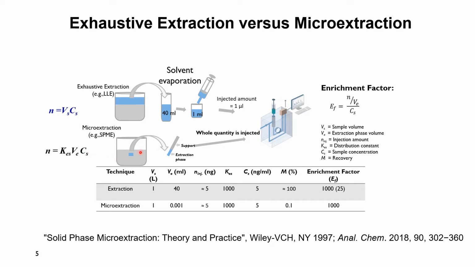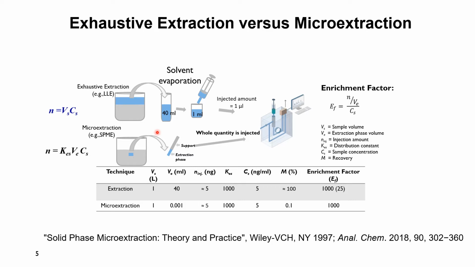Of course, everybody is concerned about recoveries because recovery is the guiding principle in a lot of extraction. But what I discovered is that in SPME, we have 100% relative recoveries.